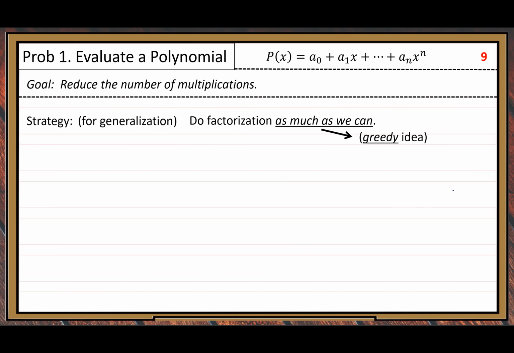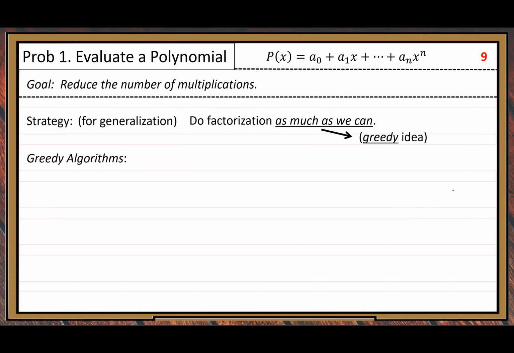Here it's not a negative thing. Although we use this word that's quite negative, here it's not negative. We want to express this meaning, as much as we can. This greedy idea. There is a very important type of algorithms called greedy algorithms.